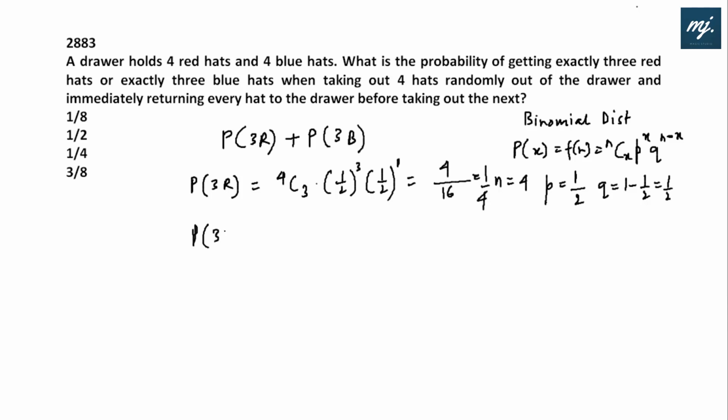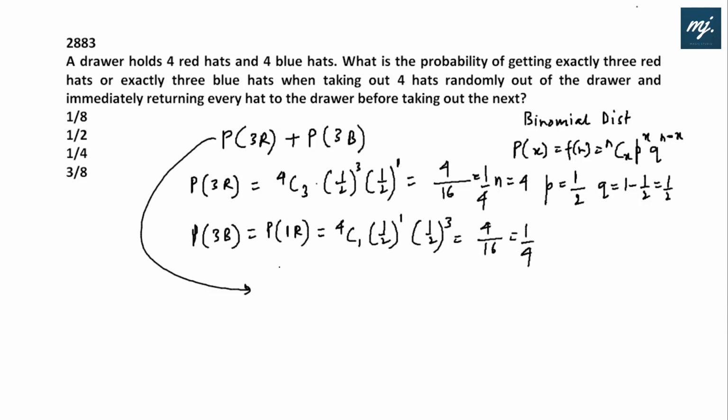Probability of getting 3 blue means probability of getting only 1 red, if 4 heads are drawn, because x is the number of red heads drawn. So it would be 4C1 (1/2) to the power 1 into (1/2) to the power 3. 4C1 is also 4, 4 by 16, that is 1 by 4.